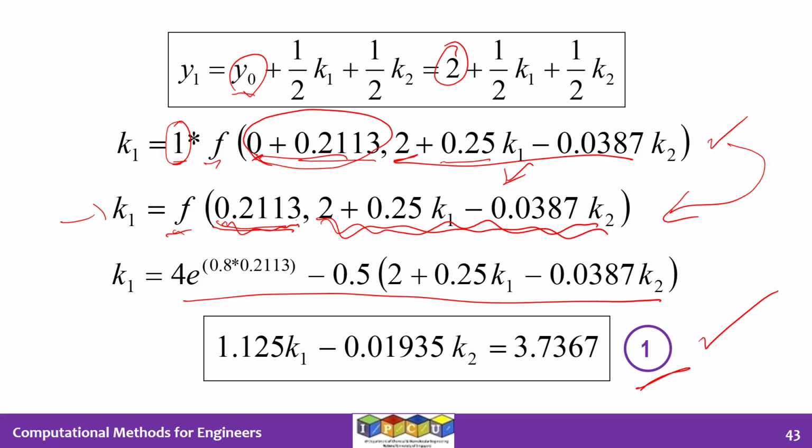I label this as equation 1. And luckily, it happens to be a linear equation. The reason being that our function f has this term 0.5y, so this is linear, as you can see. When I substitute for y this expression, it is linear in k1 and k2.